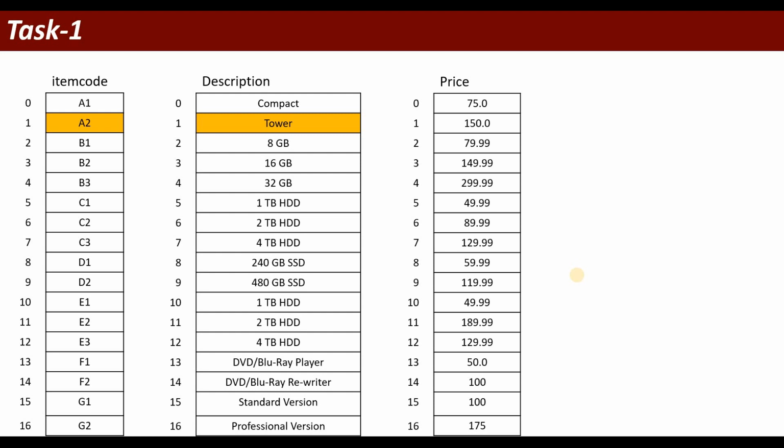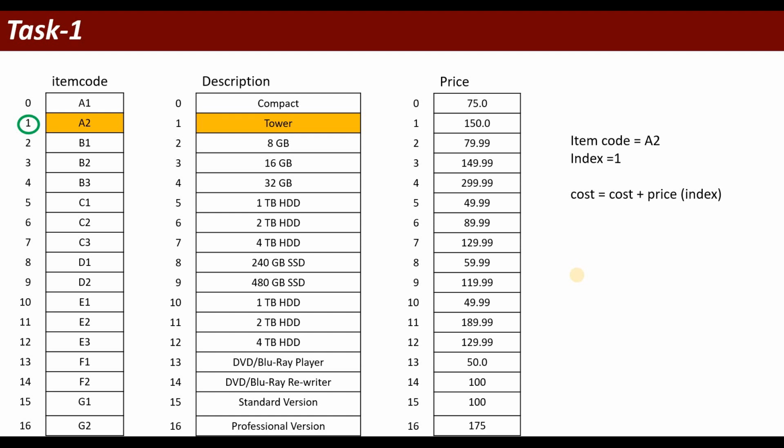Suppose the user enters A2, it means tower, item code is A2, index is 1, and cost is cost plus price of index. Because I'm getting the index from the item code.